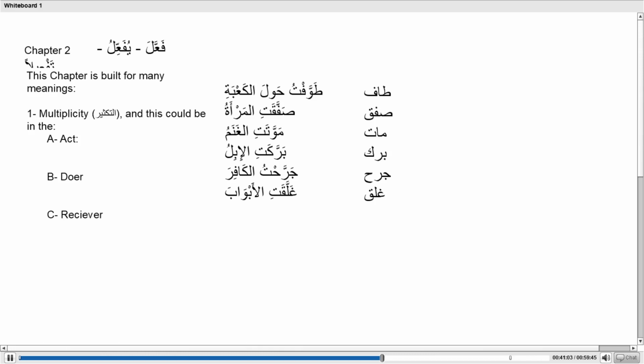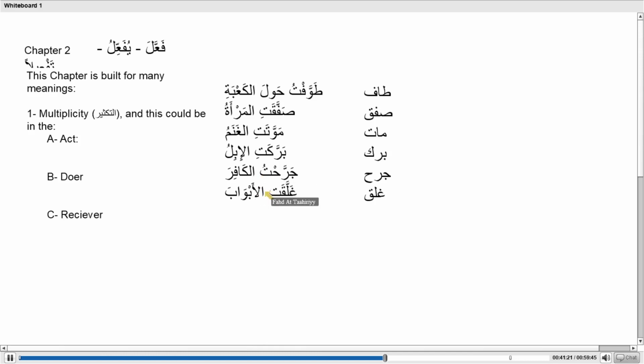Can this be applied here? Jarrahtul Kafiri? Yes, exactly. Can multiplicity be shown here in غلقت الأبواب? According to an interpretation, yes.